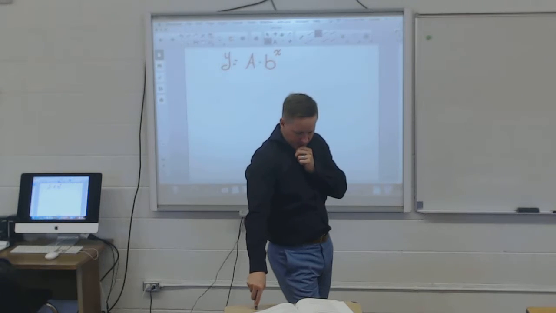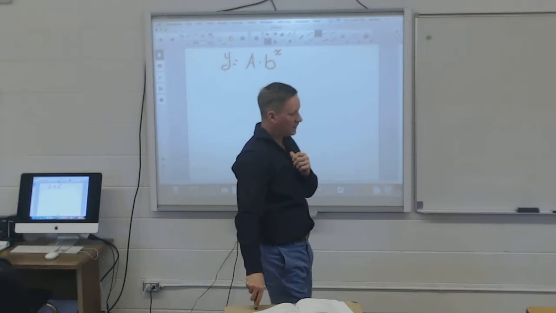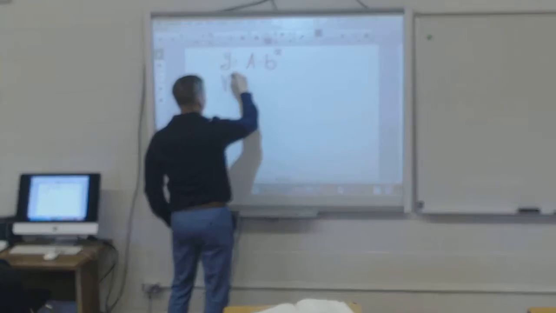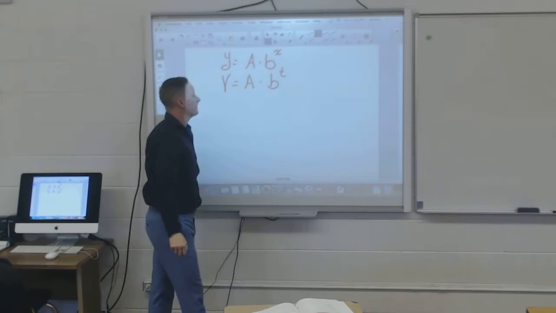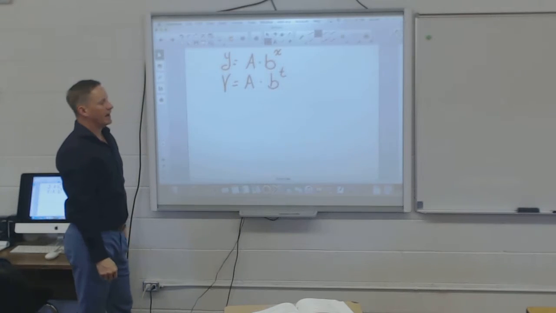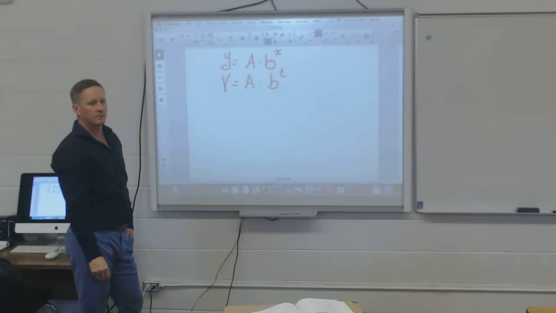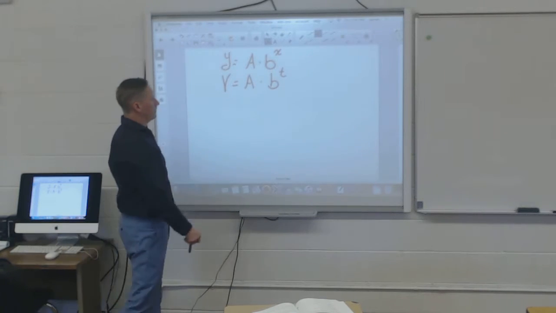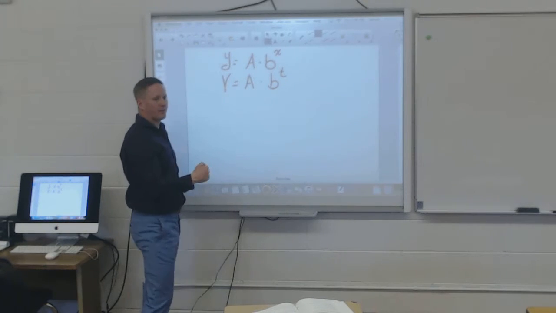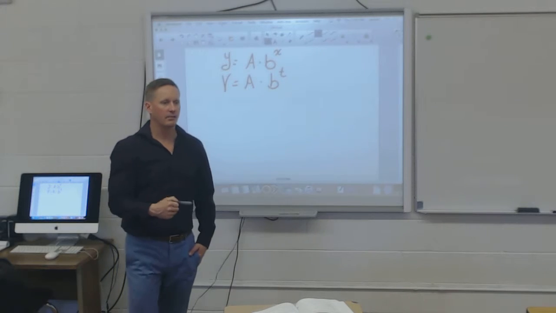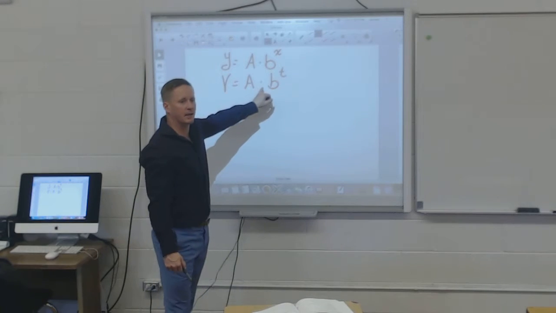Write an exponential function that models the value v of Lindsay's car after t years. So this is my v equals a b to the t. Okay? Now the car triples. So that's going to be that value right there. Okay? So what I want to find then is my original amount, which is going to be a in this case.